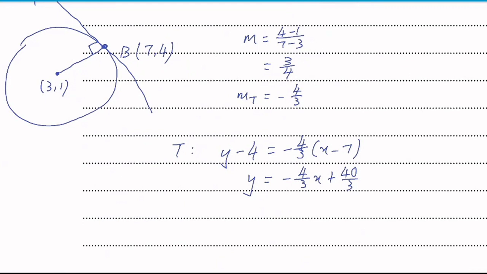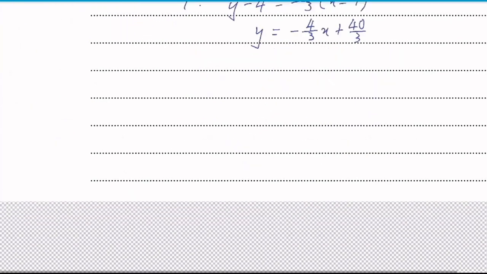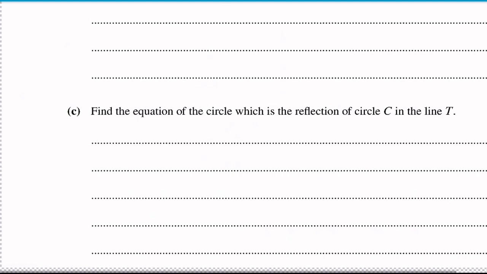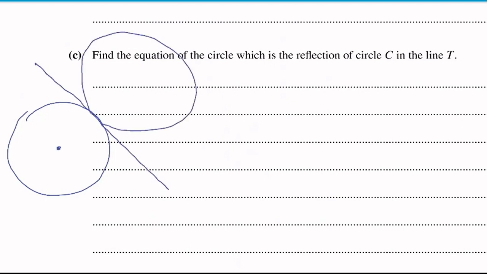Okay, so next, find the equation of the circle which is a reflection of the circle C in the line t. How is it being reflected in the line t? That is where we've got something like this, and we have got the reflection of it.